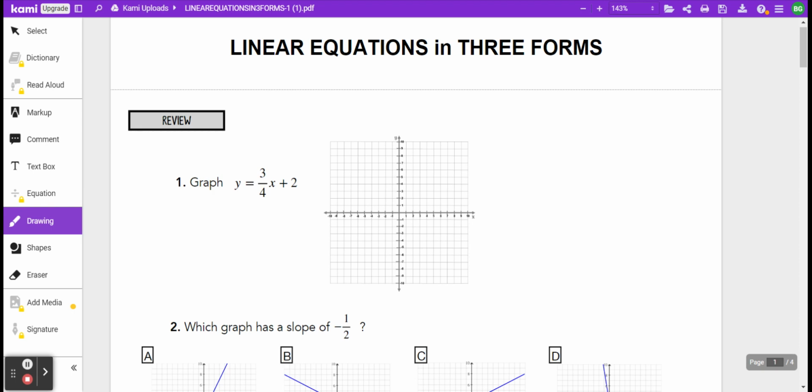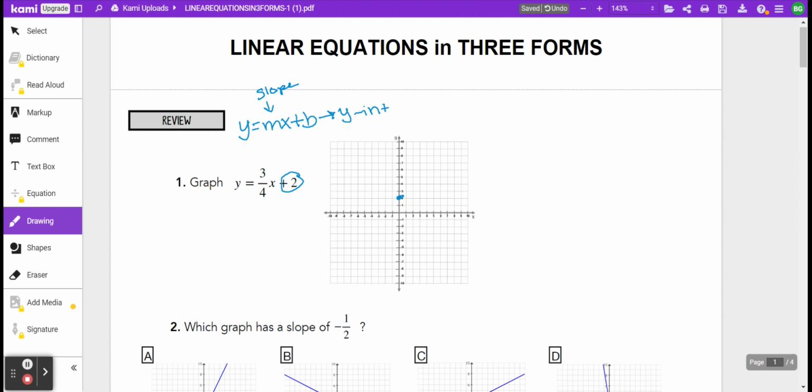If I have slope-intercept form, that's y equals mx plus b. Remember that this b is my y-intercept, and this m represents my slope. So in this problem, I have my y-intercept of 2. If I'm looking to graph that, we can start at 2.